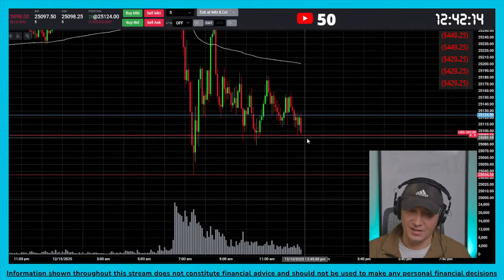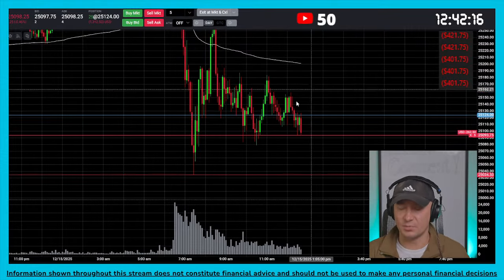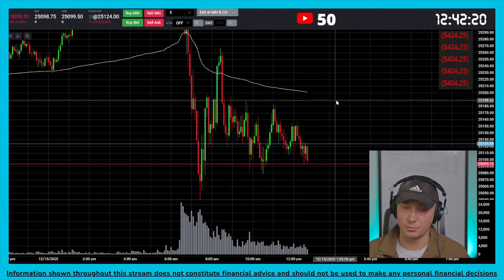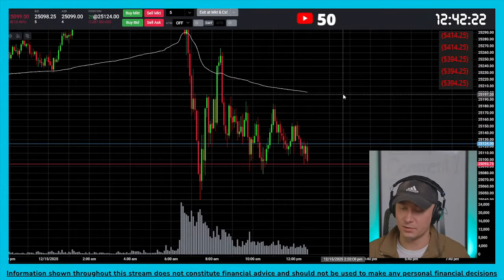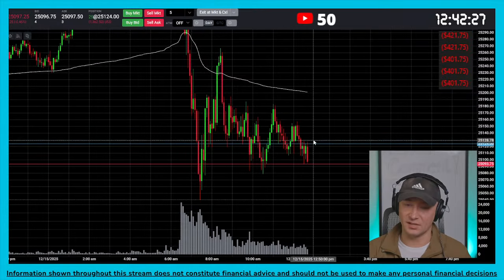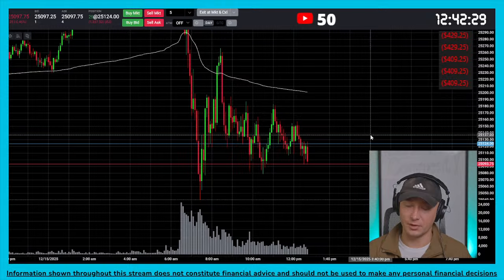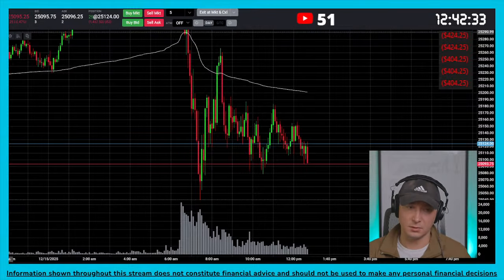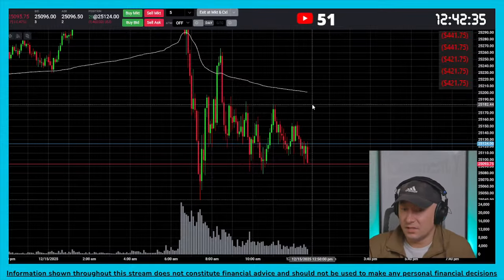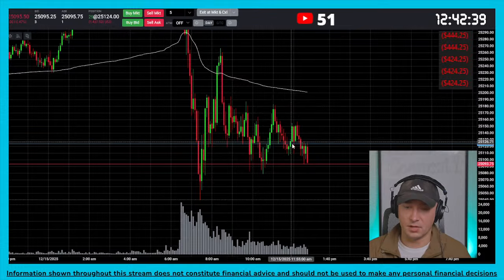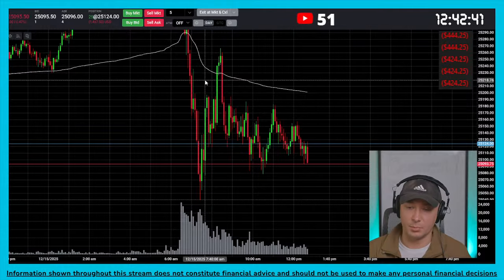Today, I tried to take longs at these different spots, but honestly there was no true confirmation. True confirmation would be a break above 25,200. So me going long anywhere here is more of just playing the chop. It wasn't the best, really, going long at any point in here. And honestly, even going short too, unless you're playing the chop and shorting the tops, longing what you think are the bottoms.